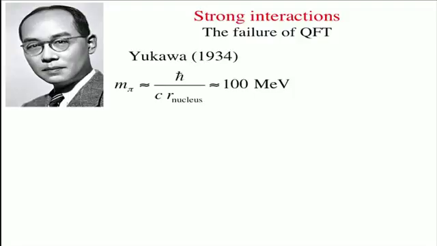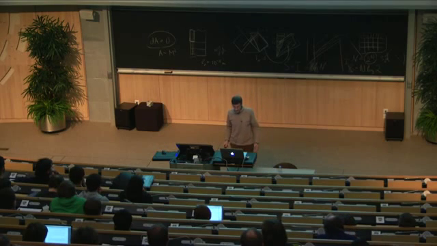Indeed, in 1934, the progress with strong interaction came from Yukawa, who understood that in the same way as the electromagnetic interaction is infinite range because the photon is massless, given that strong interactions are short range, they act at a distance of a typical nucleus, then the carrier of the force, whatever it was, had to be massive.